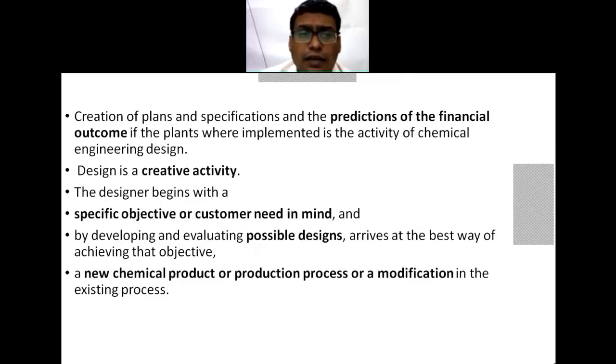Then, the creation of plans and specifications and predictions of the financial outcomes if the plans were implemented. So these financial outcomes are very essential. Without that, no one is going to invest in any product.